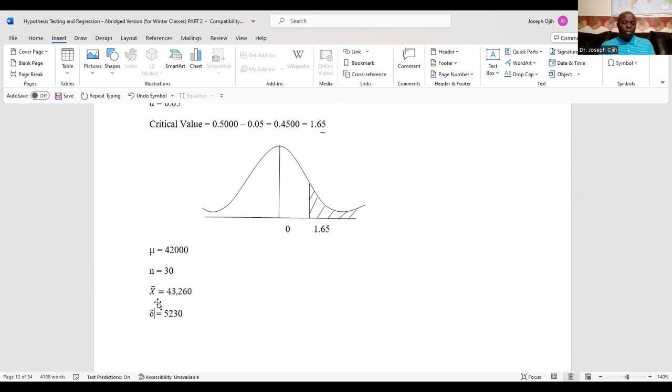Z equals X bar minus mu. X bar is 43,260, and the population mean is 42,000, divided by the standard deviation of 5,230 divided by root n, which is root 30. So I'm going to go over there and put it in.